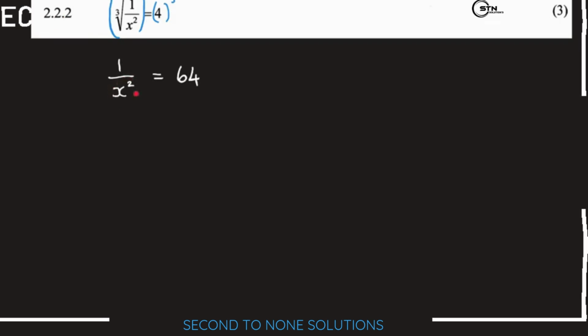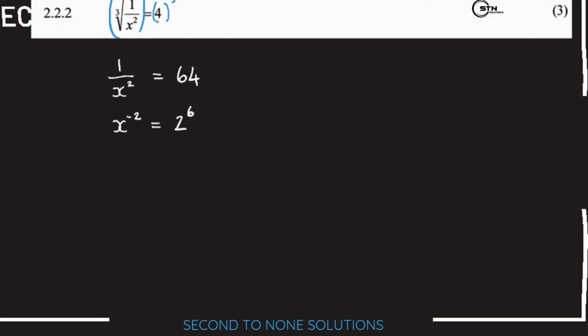Now I'm hoping to get to a point where I've got x to the power of something is equal to a number to the power of the same something. In order to do that, I'm going to do prime factorization, and we will find that we have 2 to the power of 6.